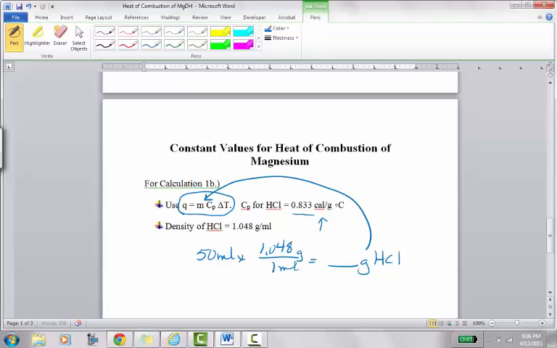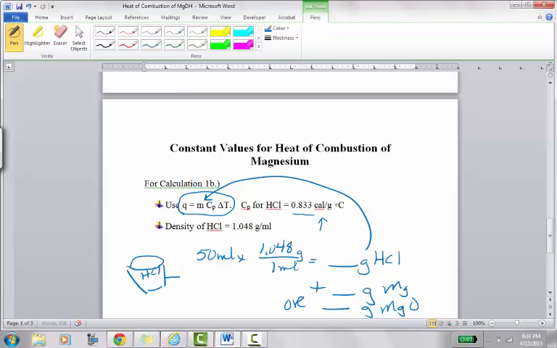That, I should say, plus the additional grams of Mg, or in part B, the grams of MgO. Remember, what you had in that styrofoam cup totaled not only the HCl, but whatever you reacted it with.